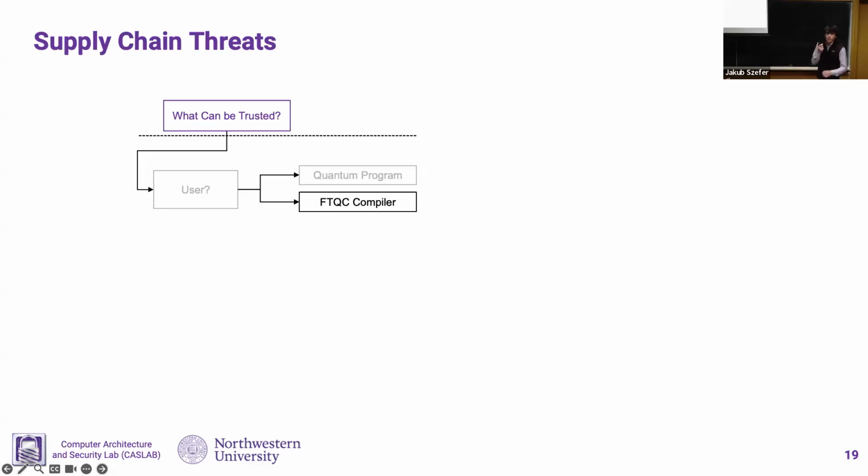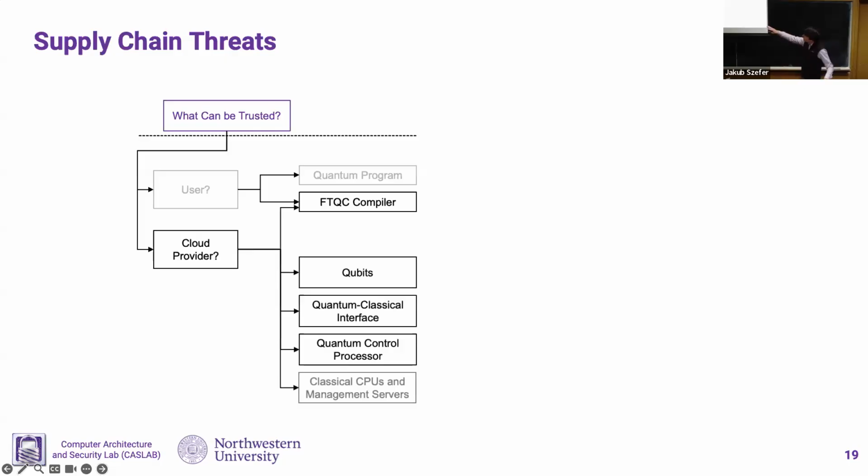Basically, the supply chain threats are about who you trust. Of course, there are users who are running the quantum programs and compiling them. That's not part of the supply chain. But when we think about the supply chain, the two main parts are either the cloud provider, in a way providing the quantum computer, or the hardware manufacturer. So what does the cloud provider have access to?